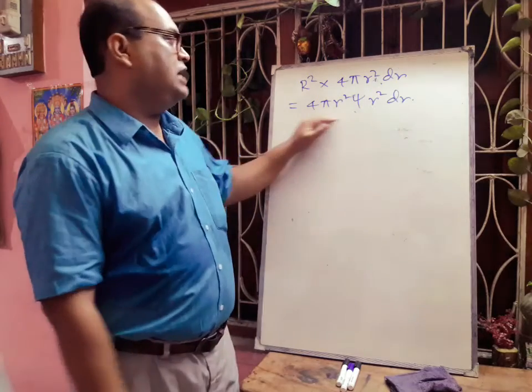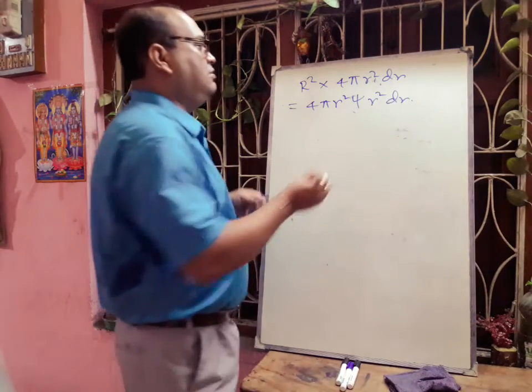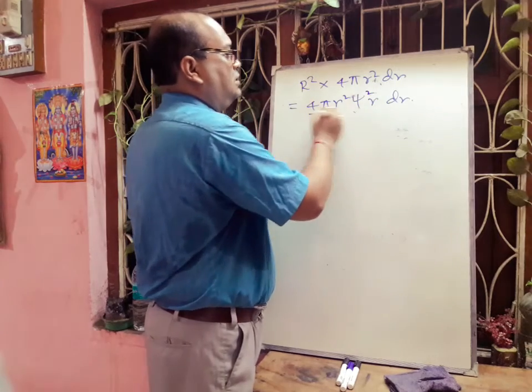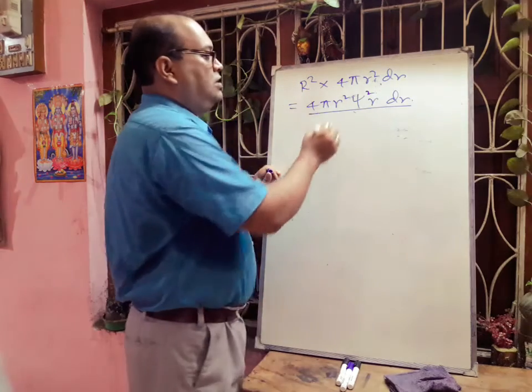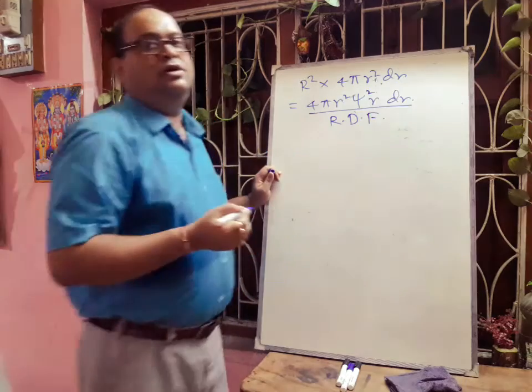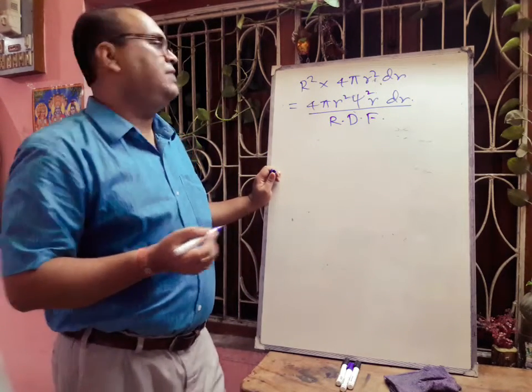That means this full term, this one, psi square r dr. So this one is called radial distribution function.